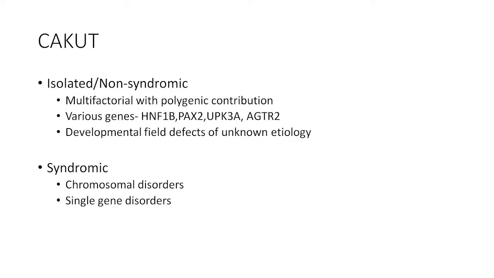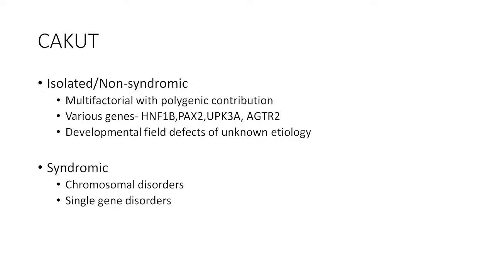Now, coming to the congenital anomalies of the kidney and urinary tract, they can be isolated or non-syndromic, or they can manifest in multiple organs, then it becomes syndromic. The non-syndromic are multifactorial with polygenic contribution. Various genes mentioned here are HNF1B, PAX2, UPK3A, AGTR2, and these are the genes identified as involved.